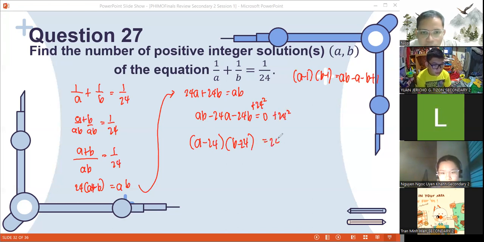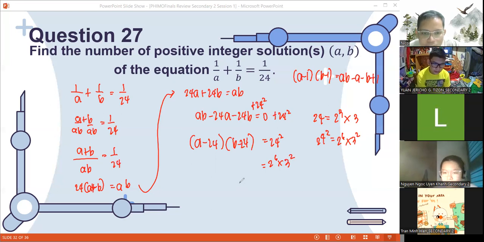So this is now 24 squared. So what is 24 squared? 24 is equal to 2 raised to 3 times 3, right? So 24 squared is equal to 2 raised to 6 times 3 squared.